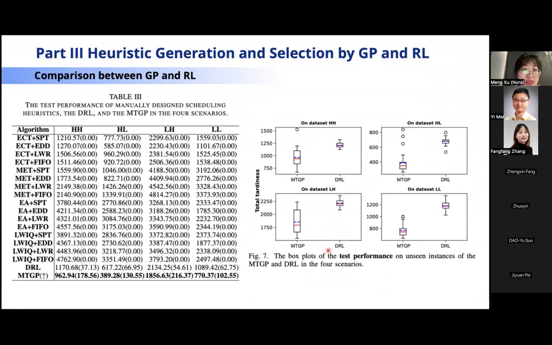All these methods are tested on the same DFJSS dataset. As we can see, the genetic programming methods perform significantly better than the handcrafted, or manually designed, scheduling heuristics, and also perform better than reinforcement learning methods.